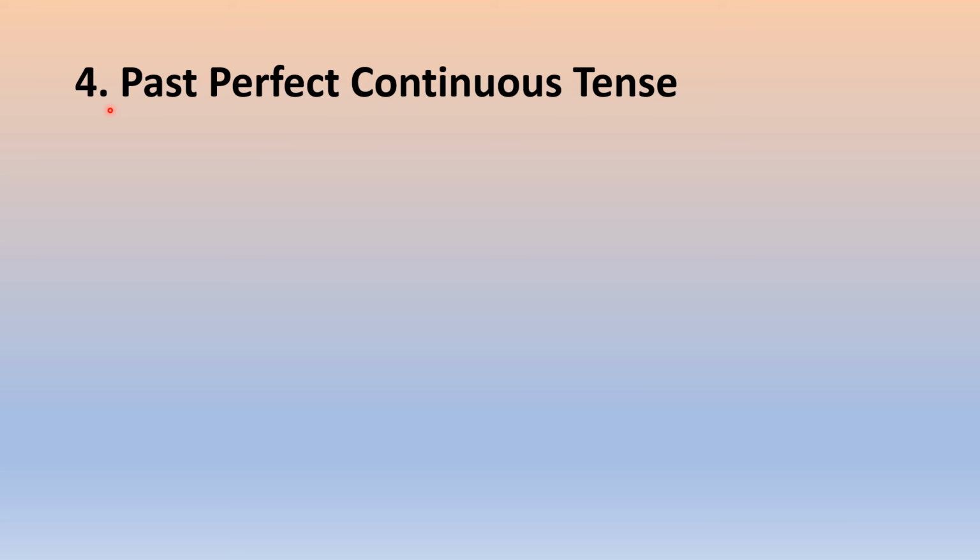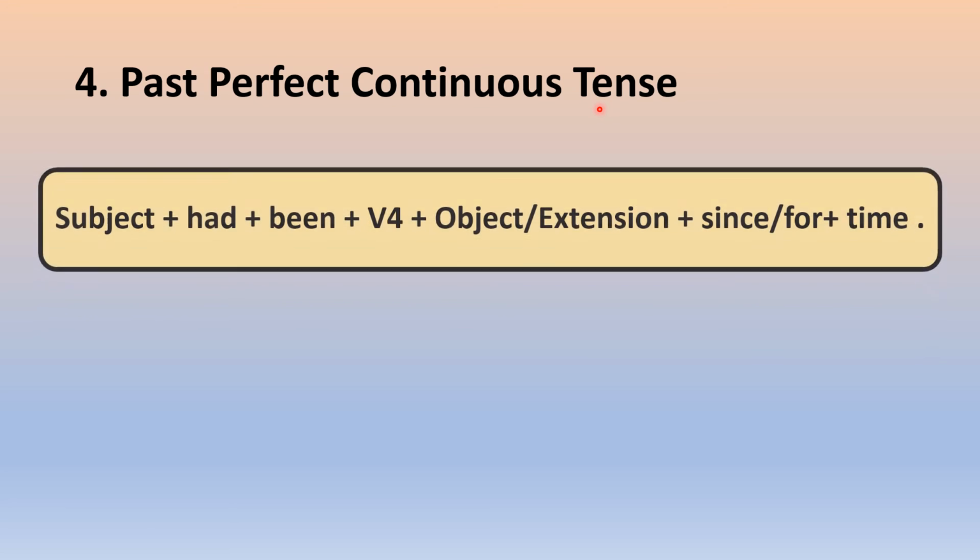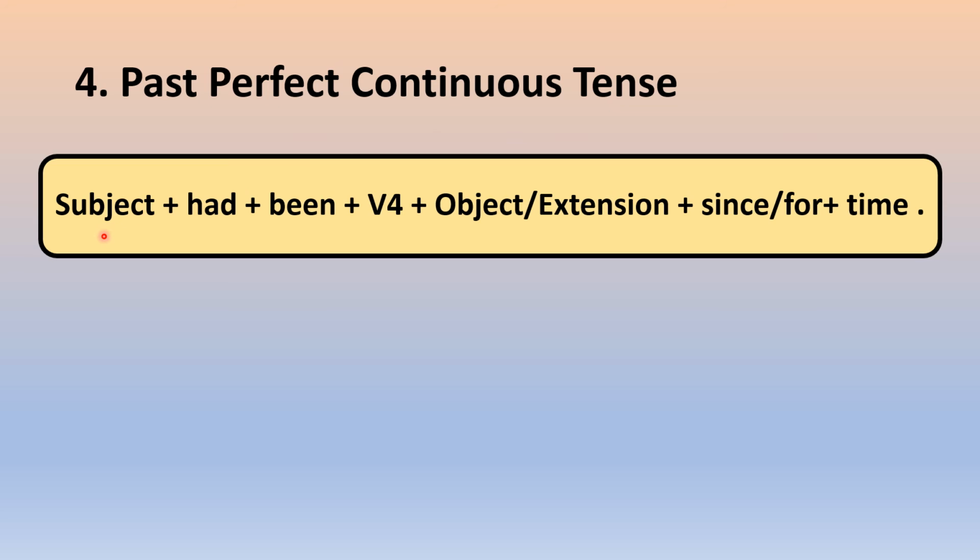Let's move on and talk about the fourth main aspect of past tense, which is past perfect continuous tense. Here is the formula. First we write subject, then we write had been as auxiliary verb. And after that we put the ing form of verb, which is the fourth form of verb.